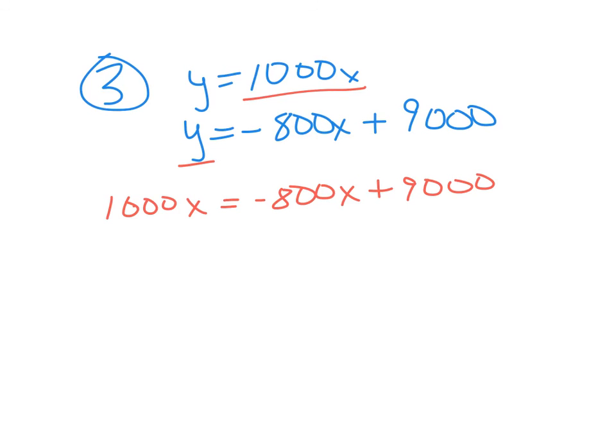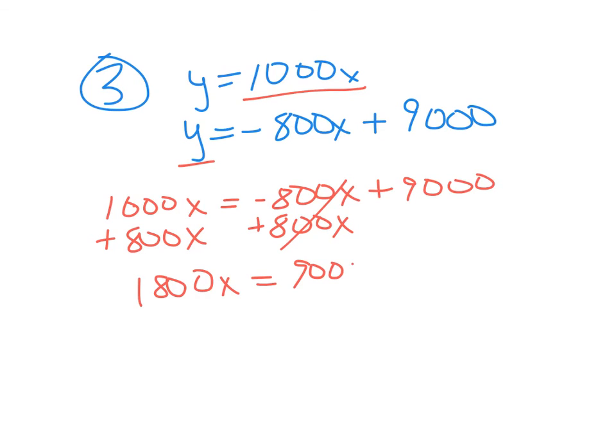All right, so let's move that 800x to the other side. So plus 800x, plus 800x. So I get 1800x equals 9,000. How do I get x by itself? Divide by 1800.